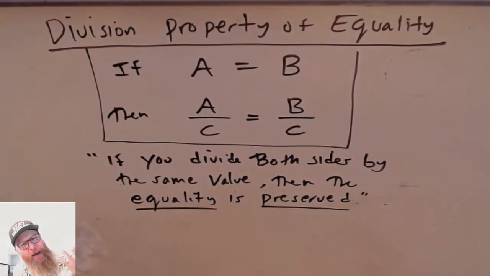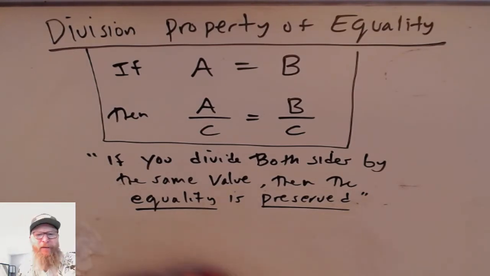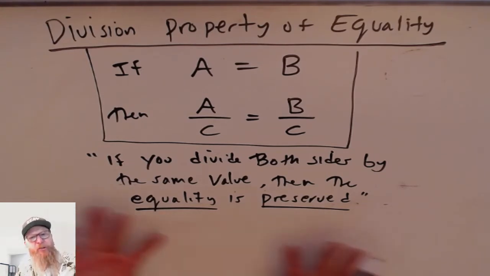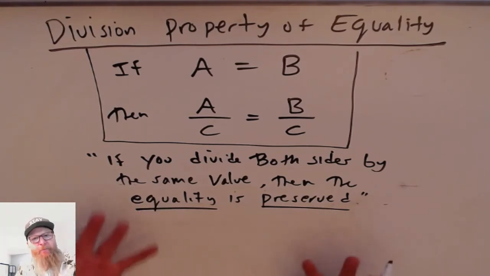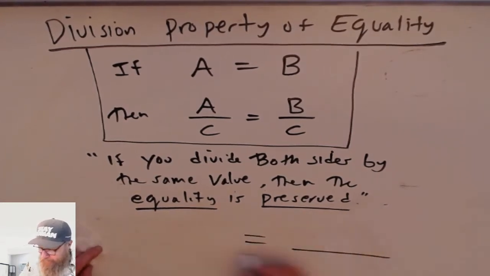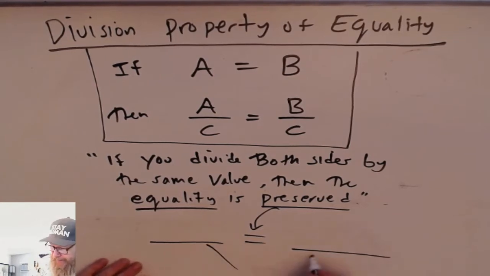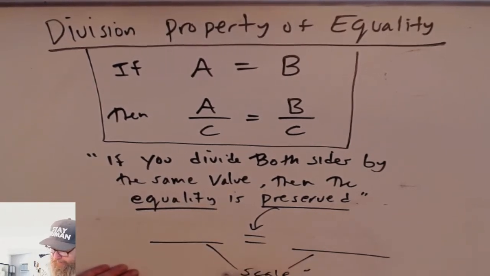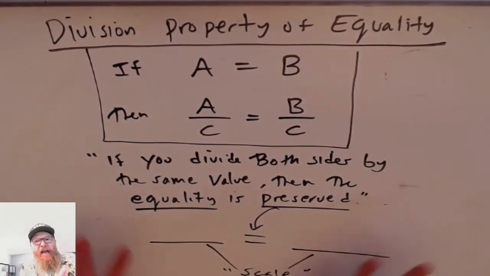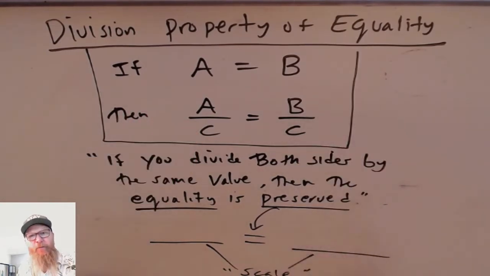And again, going back to when we were solving equations, I believe it was in chapter 1, we talked about preserving equality, keeping the balance. They're balanced like a scale. So the scale stays balanced if you divide both sides.